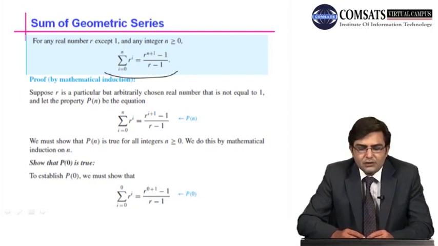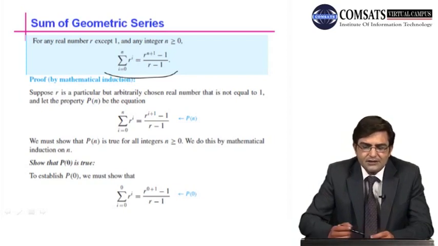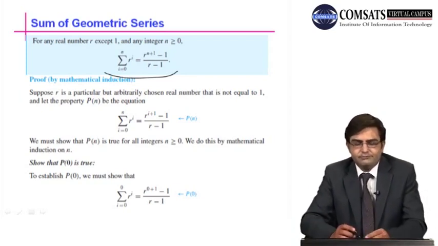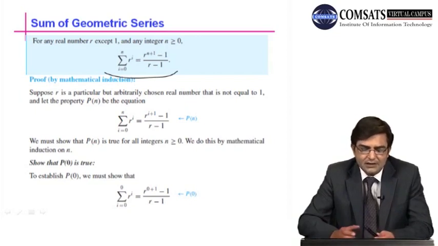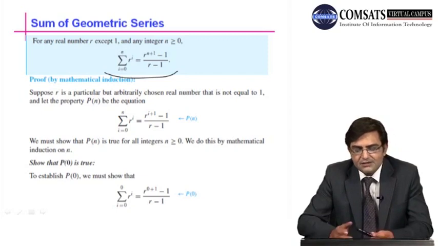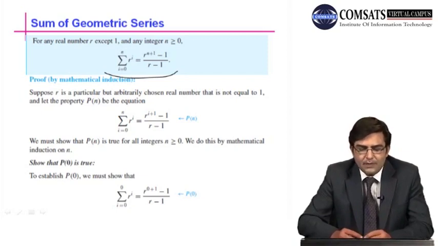We have to prove that the left hand side is equal to the right hand side, that is, the sum of this geometric series is equal to this. So first we have to prove the basis property of mathematical induction and then the inductive property. As you know, there are two properties or two conditions, statements we have to prove.